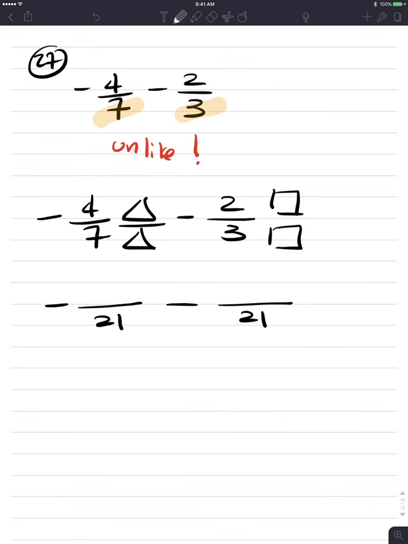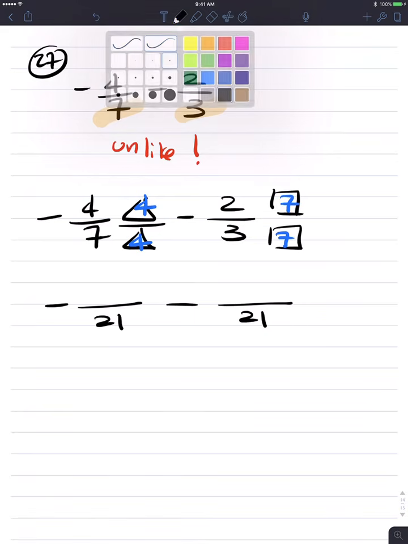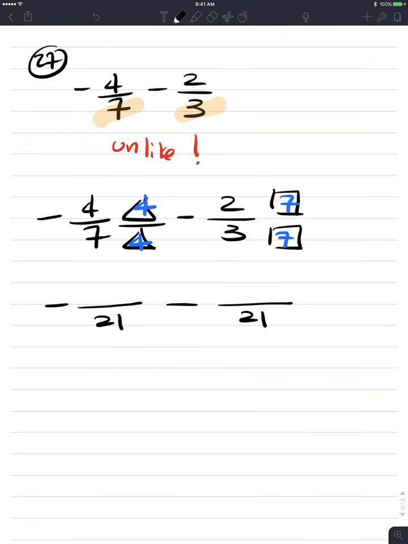So now 7 times what number is 21? We find 7 times 3 is 21. 3 times 7 is 21. 3s are in the triangles, 7s are in the squares. So now negative 4 times 3 is negative 12... Negative 4 times 4 is a 16, or a negative 16. 7 times 2 is 14.